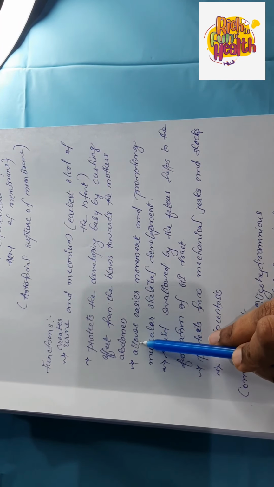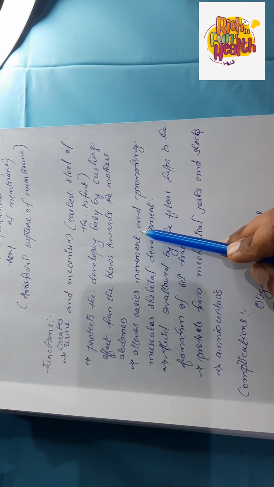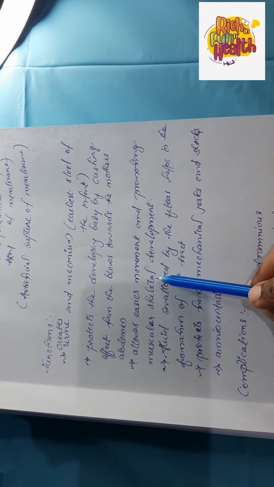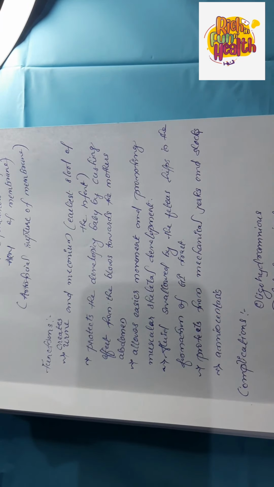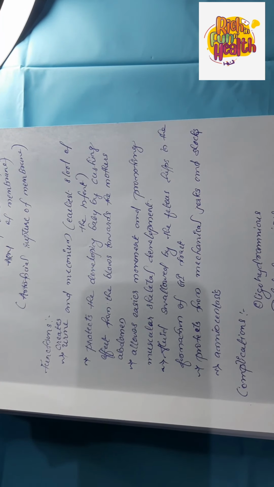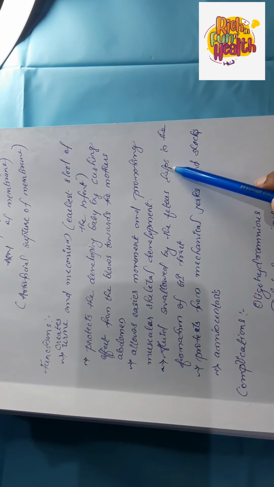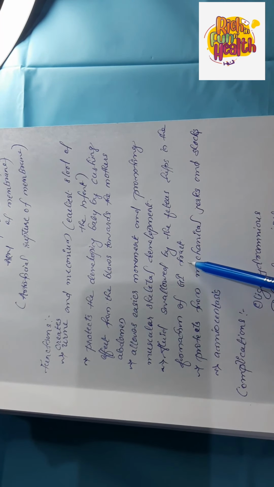The third one is allows easier movement and promoting musculoskeletal development. So the baby can move enough in the womb, which helps to promote the development of the musculoskeletal system. Then the fourth one is fluid swallowed by the fetus helps in the formation of the GI tract.